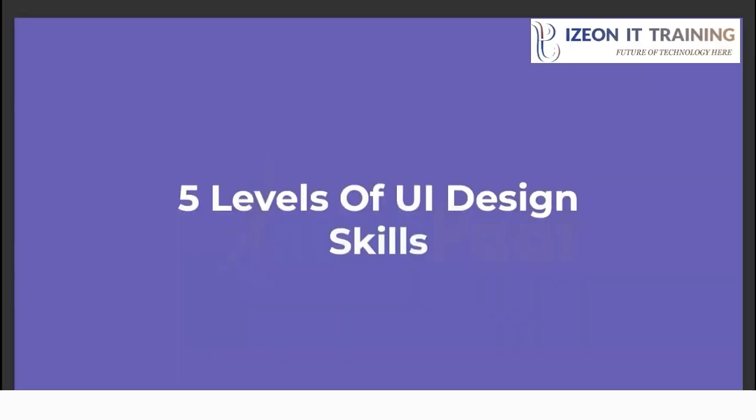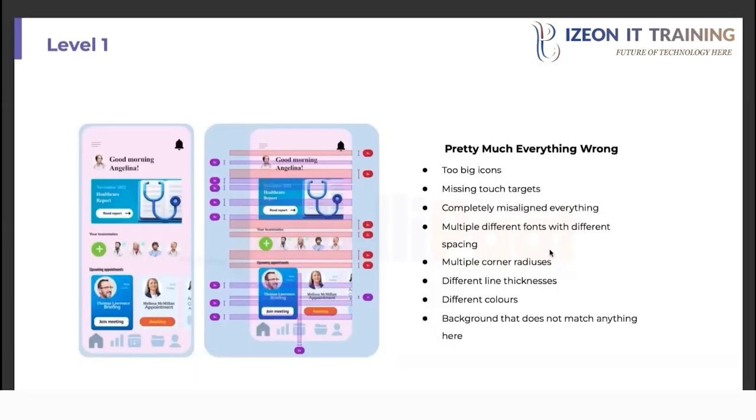Okay, so let's see the 5 levels of UI design. Some of you are already graphic designers, some of you are working as designers itself. So you must know that when you start as a beginner in any particular field, you basically evolve over time, right? The same with design skills.